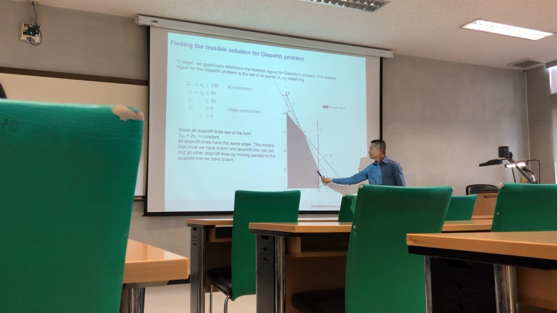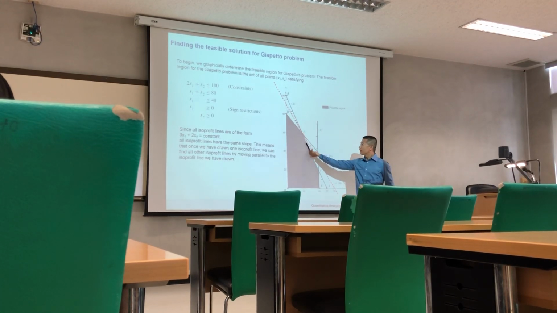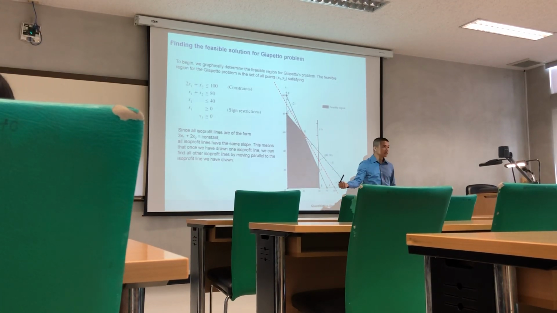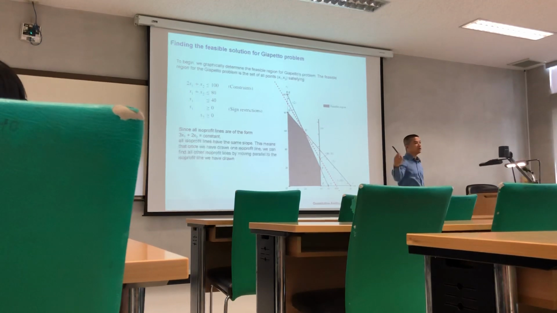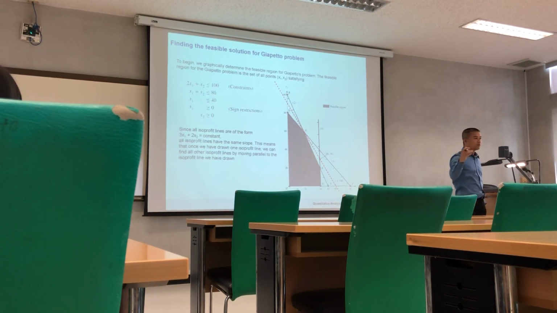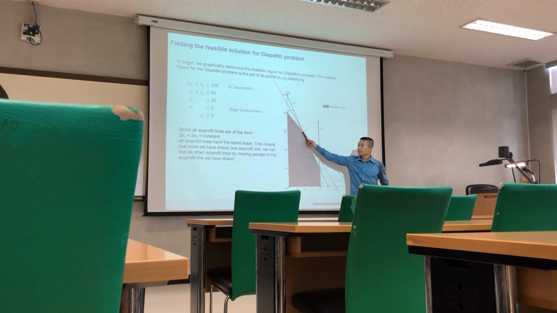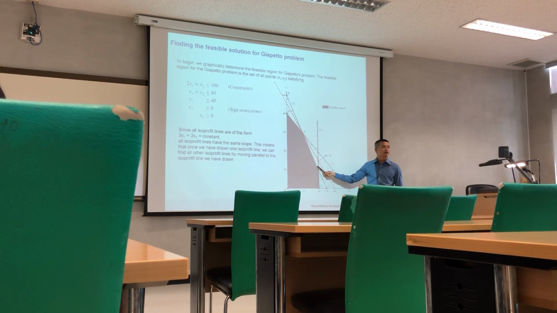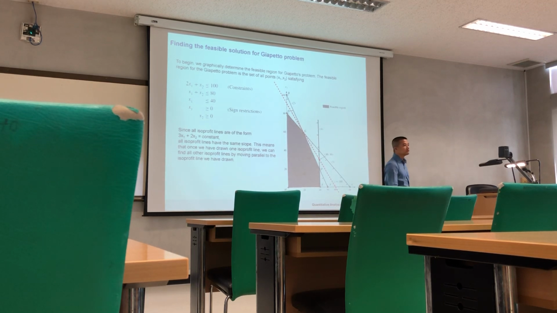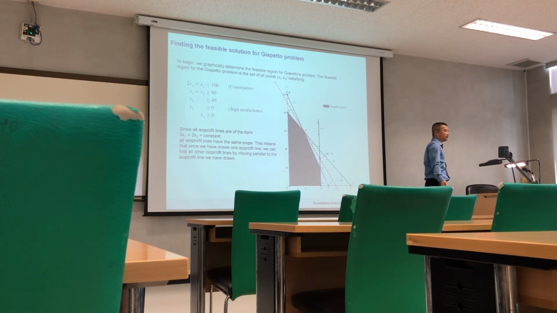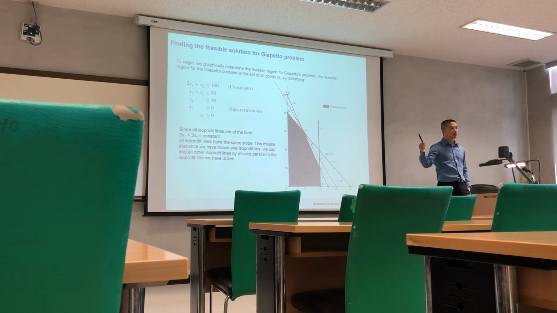Anything on this line will give you maximum profit. If it happens that your isoprofit line has the same slope as this one, that will give you linear programming with multiple solutions.